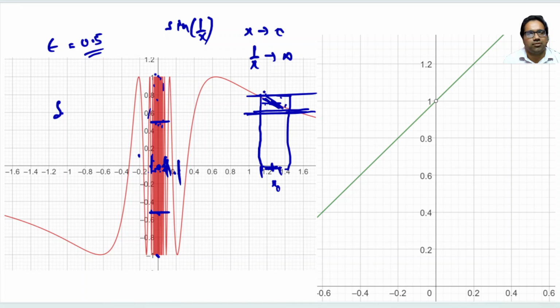So as here there is no fluctuation, we can always define deltas to ensure the graph of the function is always lying within epsilon of the limit. So basically, what does that mean? The absolute value of f of x minus L should be less than epsilon.